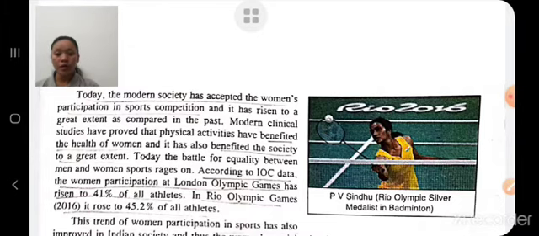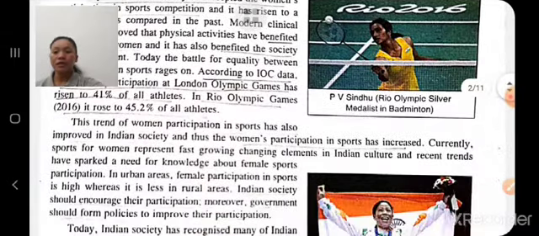In the Rio Olympic Games in 2016, it rose to 45.2% of all athletes. This trend of women's participation in sports has improved Indian society. Thus, women's participation in sports has increased.